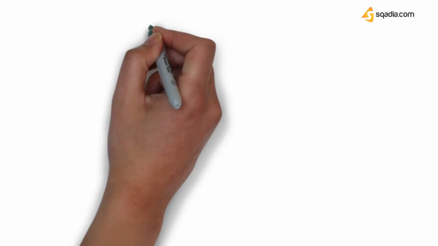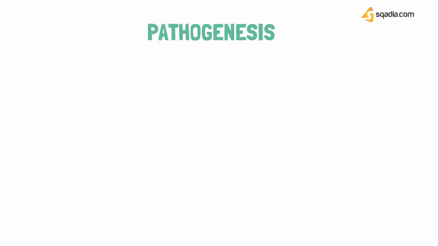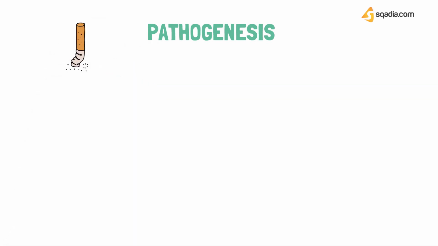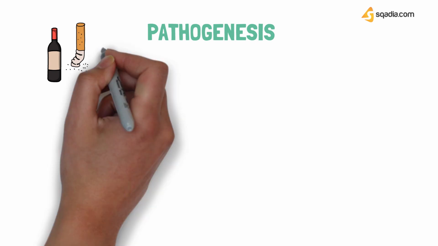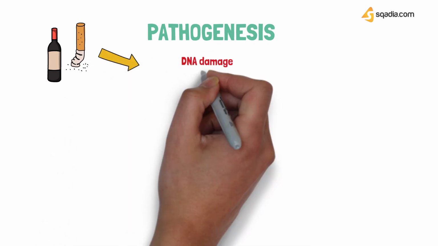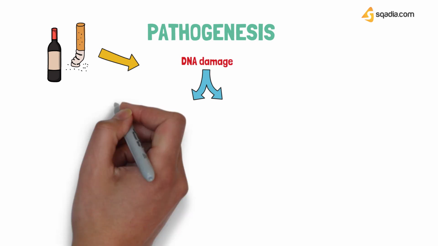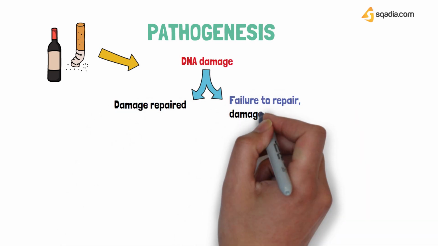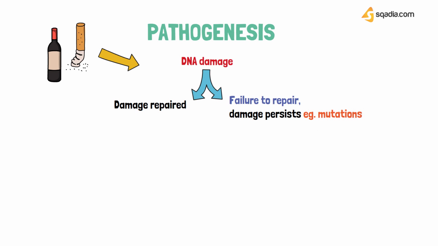Now, let's talk about the pathogenesis. First of all, there are some etiological factors just like we discussed previously, cigarette smoking and alcohol consumption. These etiological factors cause DNA damage. Now, either the damage is repaired or there is a failure to repair this damage. If the damage is not repaired, then the mutation is going to carry on.